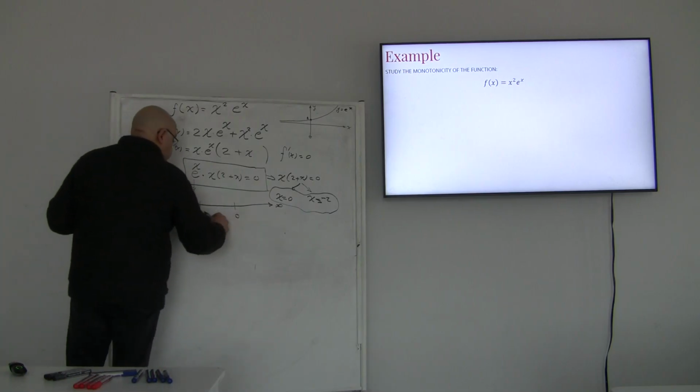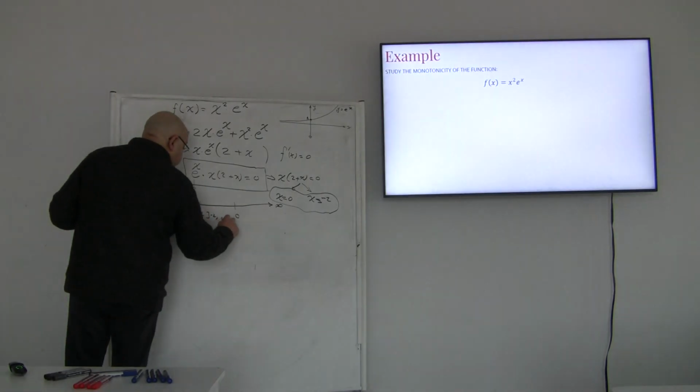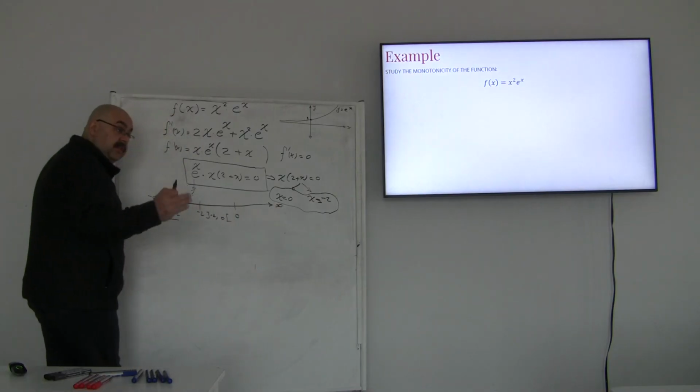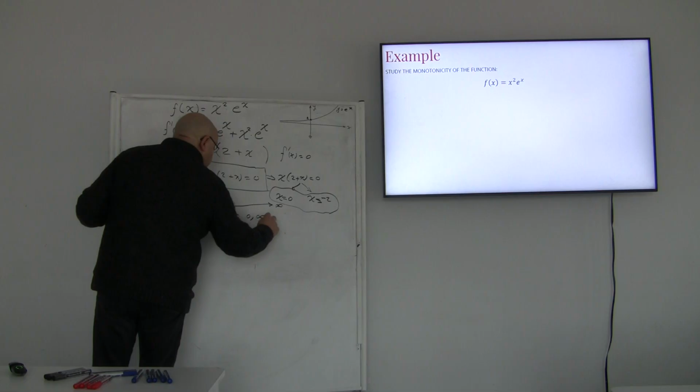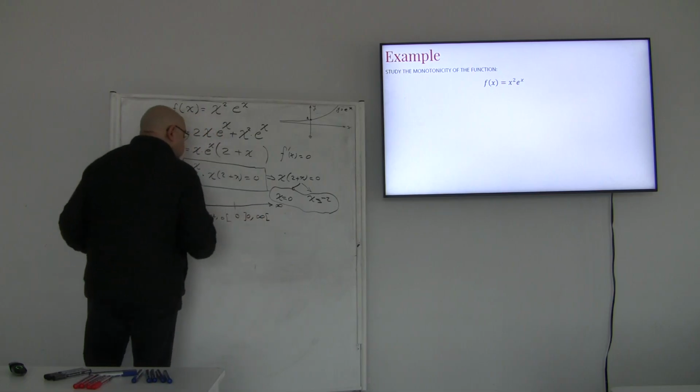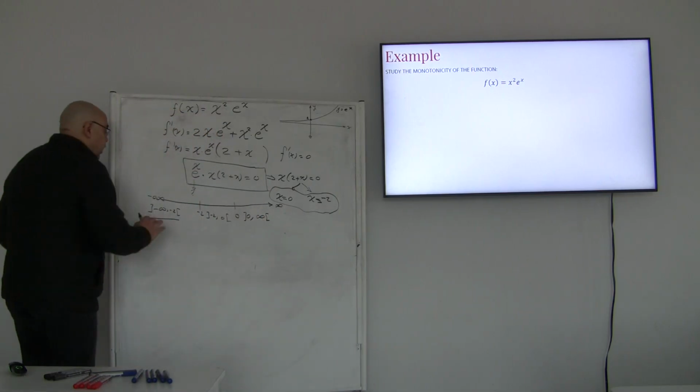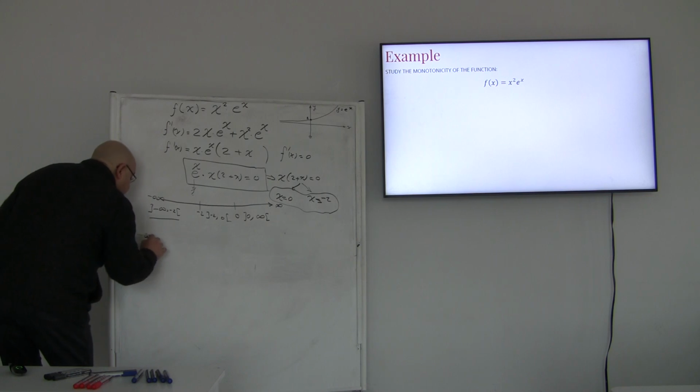Then I will check this part, which runs from negative 2 up to 0, and then from 0 up to positive infinity. Okay?